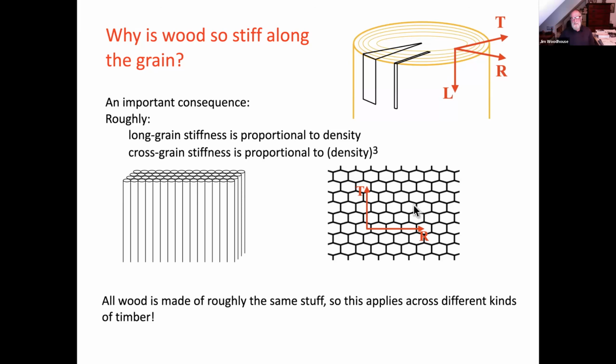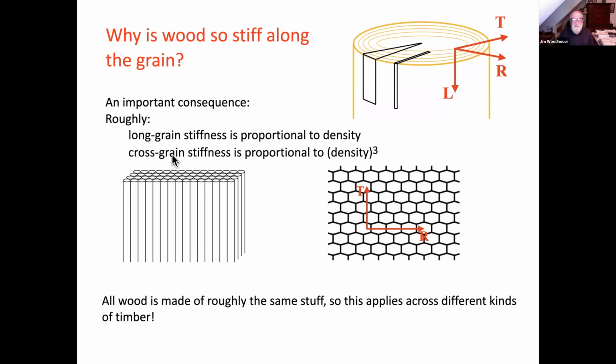But in the cross grain direction, for reasons that I won't quite go into, although I'm sure some of you will know, remember that when we squash in the cross direction, we are deforming it by bending those walls, and the bending stiffness of a little beam, like one of these cell walls, varies like the beam thickness cubed, not linear, but the cube of it.